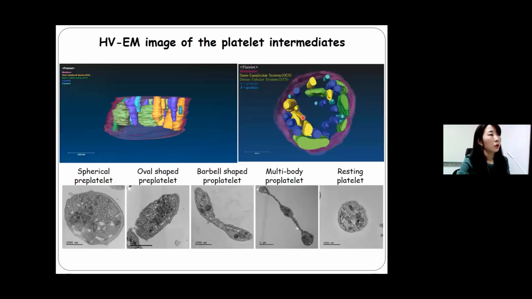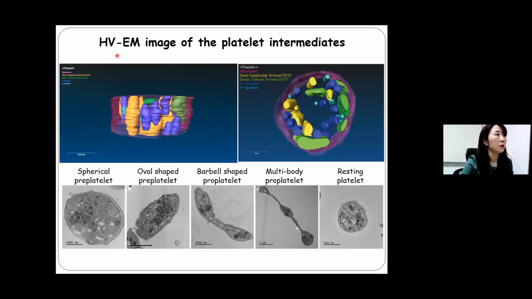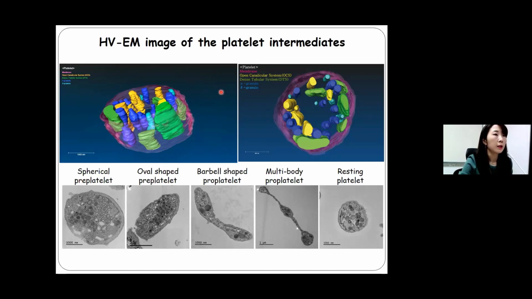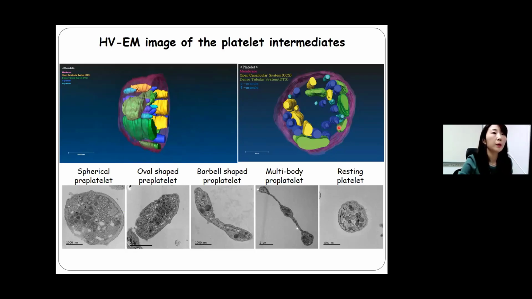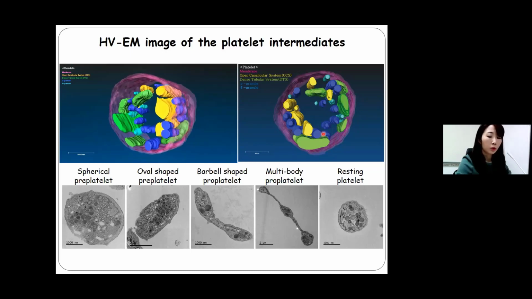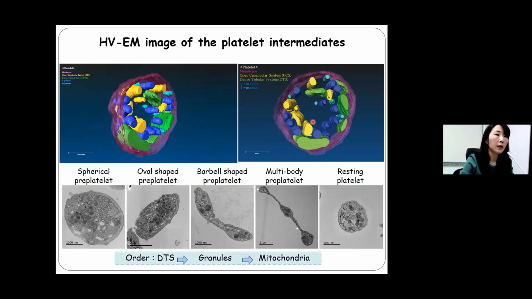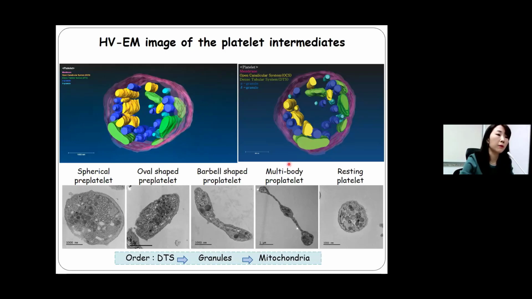So we again took high voltage EM tomography to observe all of them together. And as you can see here in this oval-shaped preplatelet, we could observe that DTS goes to the plasma membrane first to prepare for division, and then granules go to the membrane, and then mitochondria go to the edge before their division.